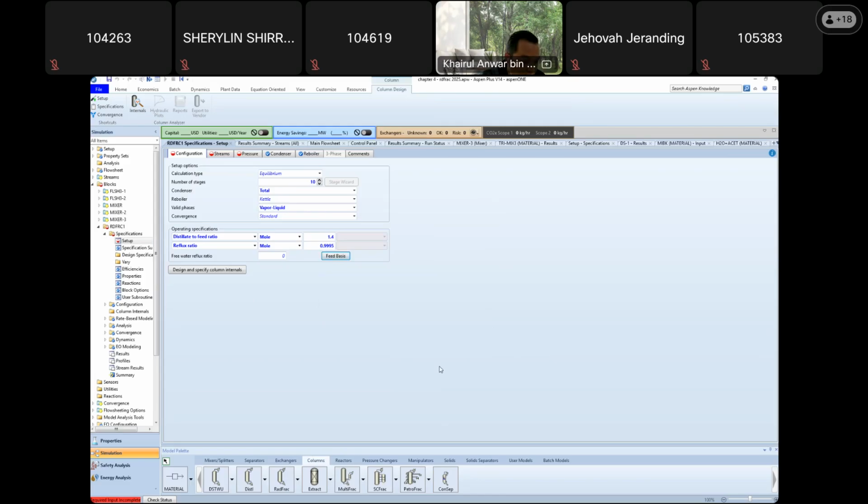Next is stream tab. Total reflux ratio is in mass.